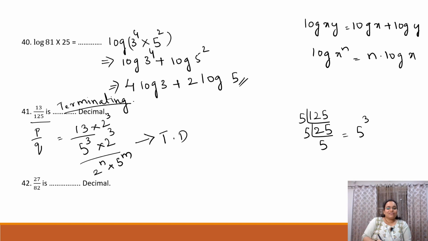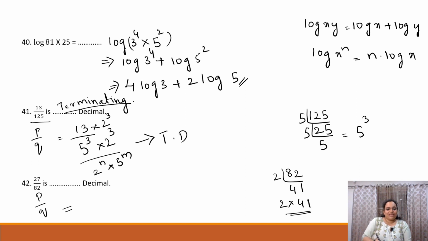The next one is 27 by 82. Even this is in the form of p by q. Let's see if we can prime factorize 82. 2 41s are 82. So 41 is a prime number. We cannot further prime factorize. So this is not in the form of 2 power n into 5 power m.